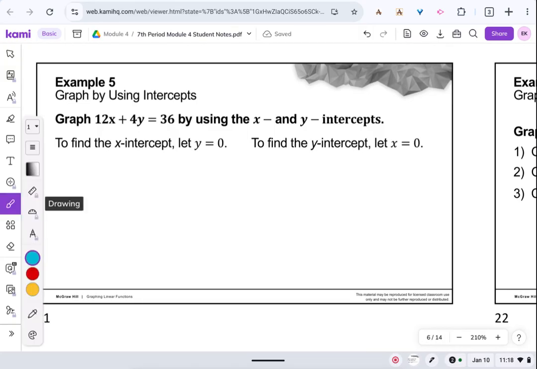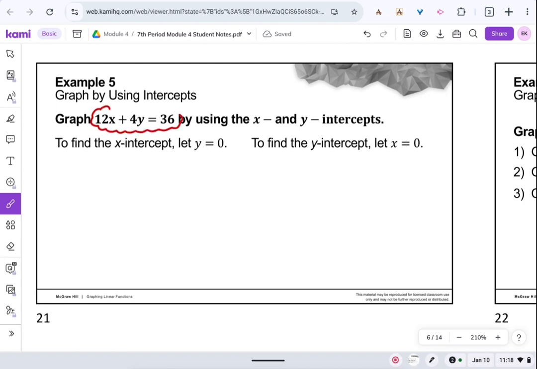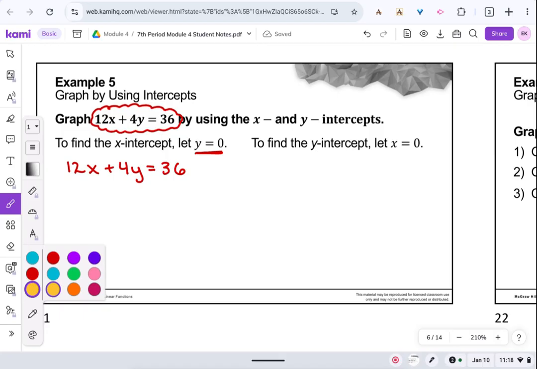again, here's our equation. We're looking at 12x plus 4y equals 36. We're going to let y equal 0 for the first one. I'm just going to rewrite my equation. Now we're going to take out the y and make it a 0.